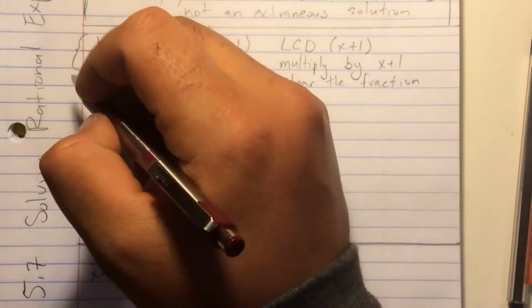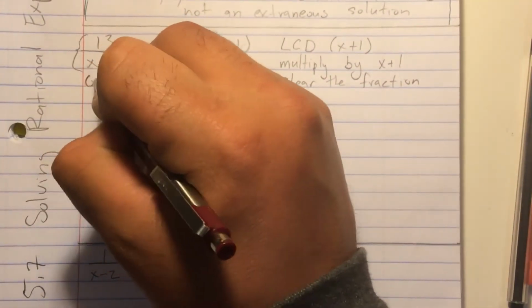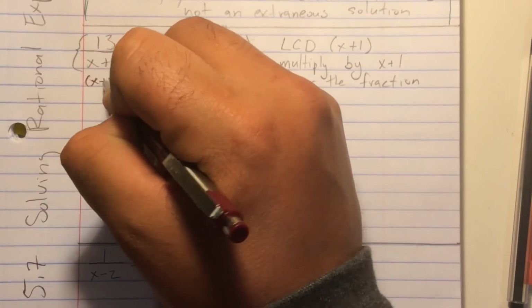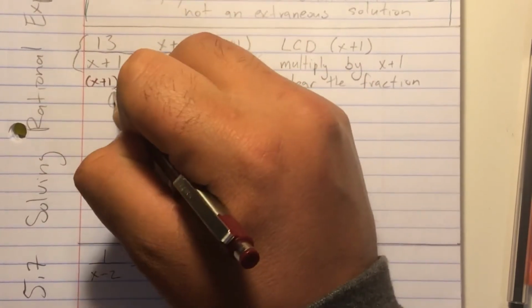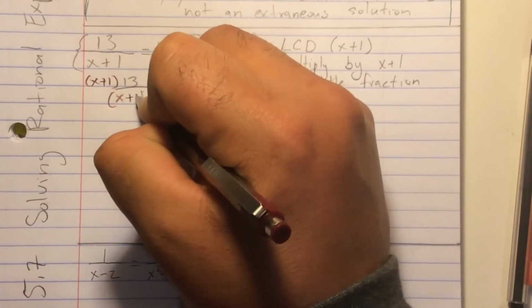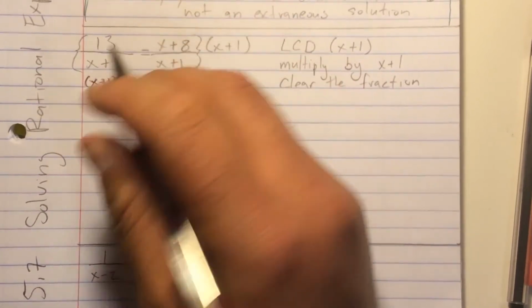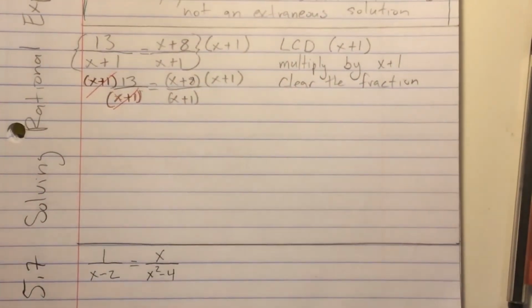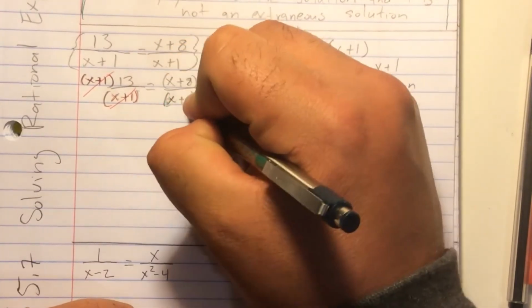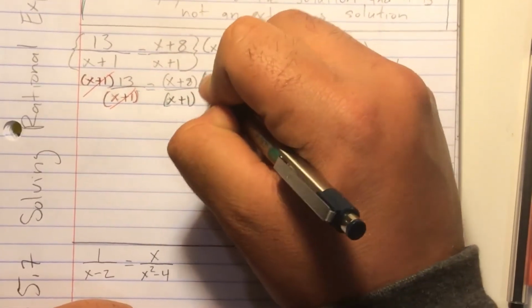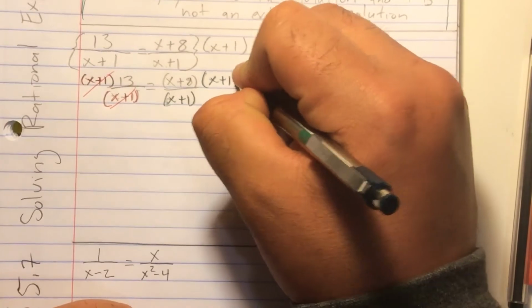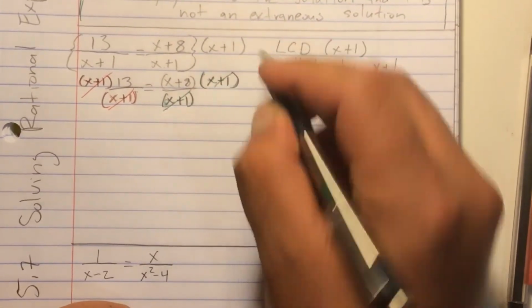So now we have something we can reduce. We have our common factors: our x plus 1 here and our x plus 1 here, on this side, we can reduce these. And then we also have our x plus 1 on this side and our x plus 1 on this side, which we're also going to reduce.